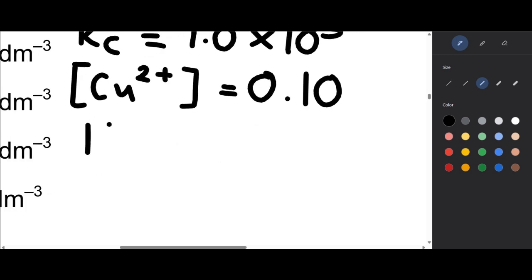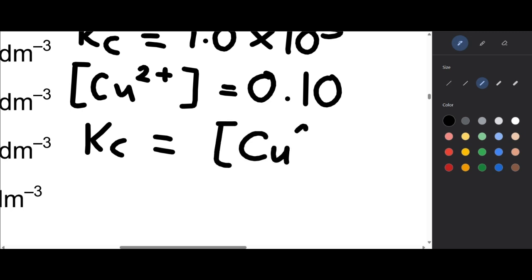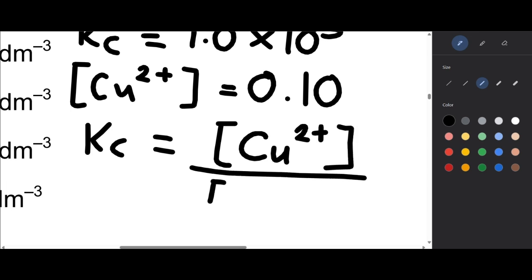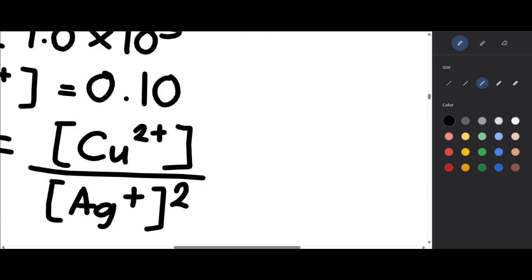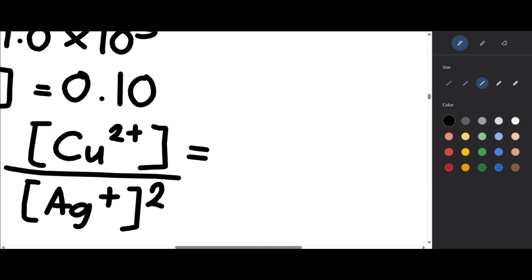So Kc is equal to Cu2+ divided by Ag+, because the coefficient of Ag is 2, so squared.